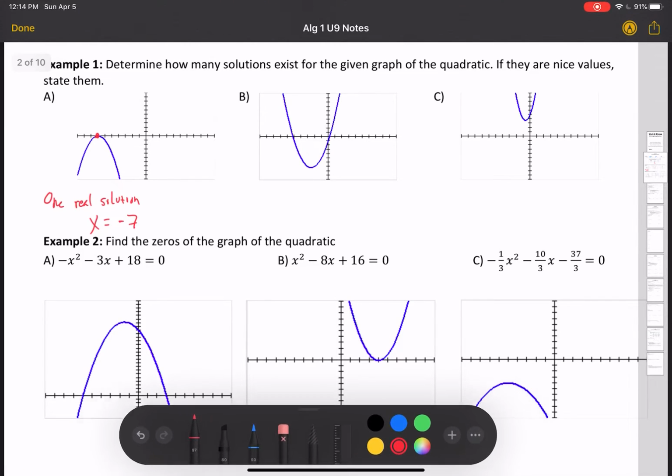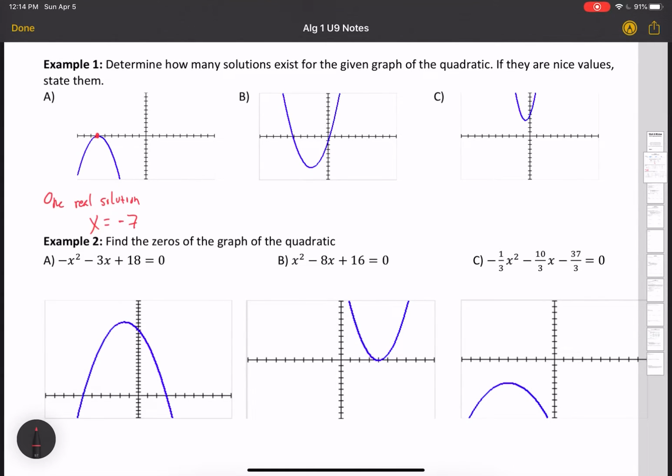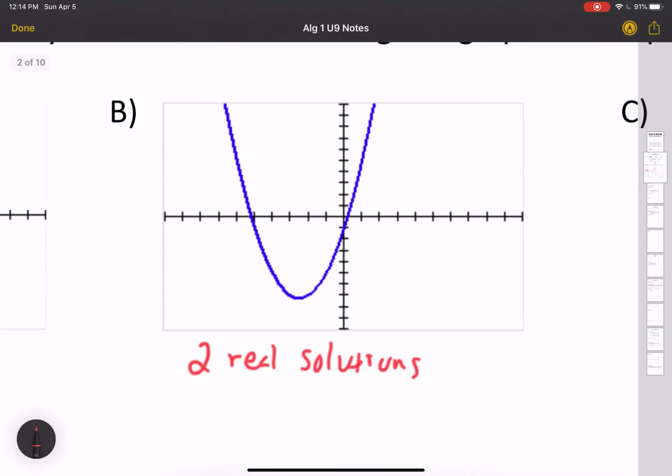Now let's look at B. We see that there are 2 real solutions. And if I zoom in so you can see this a little clearer, it isn't quite at -5, and this isn't quite at 0. Okay?